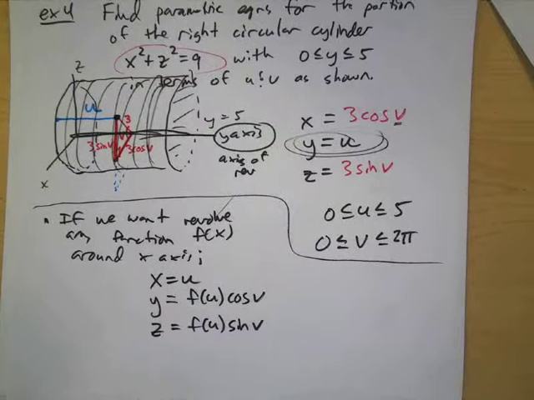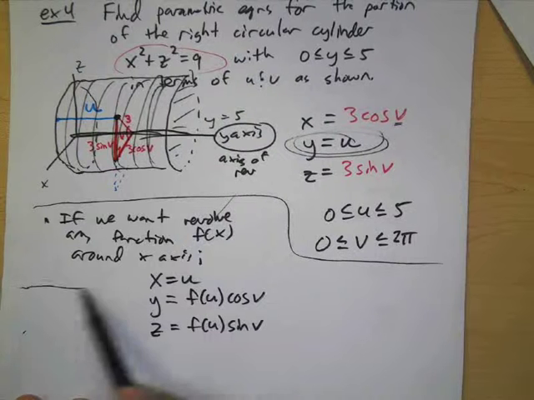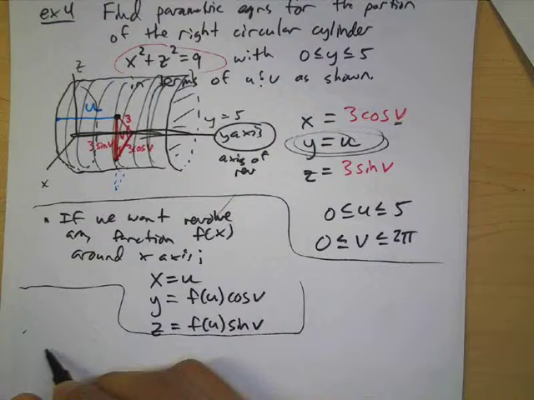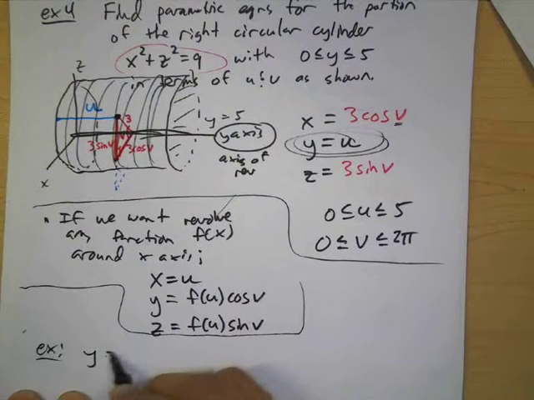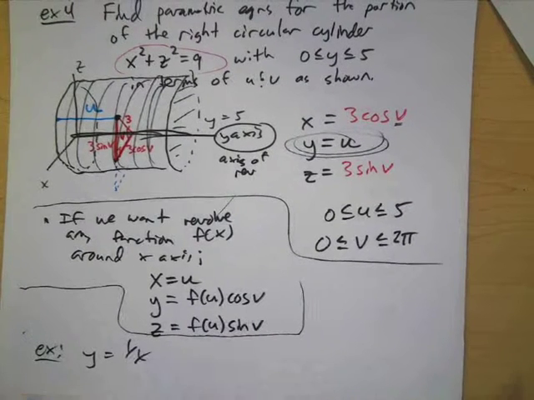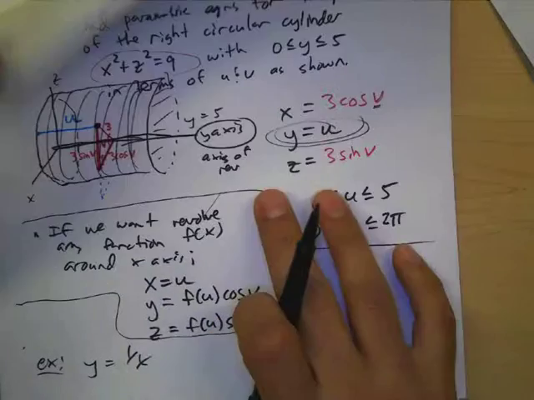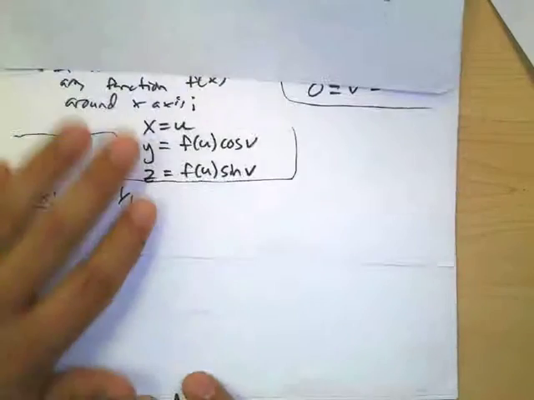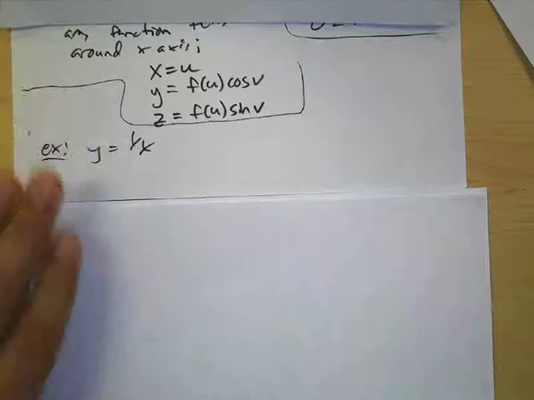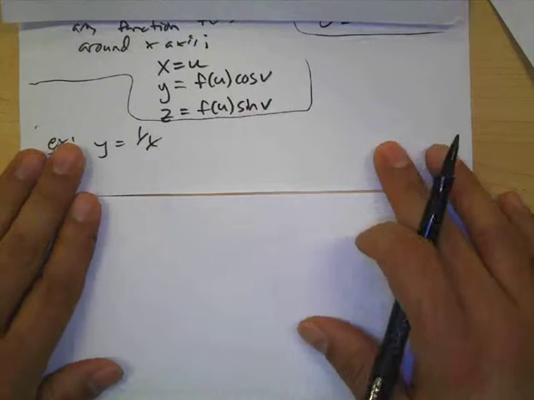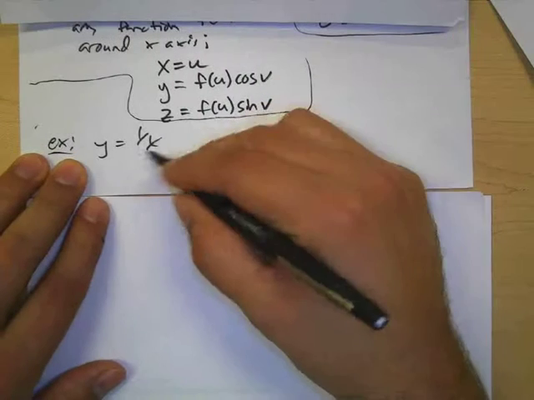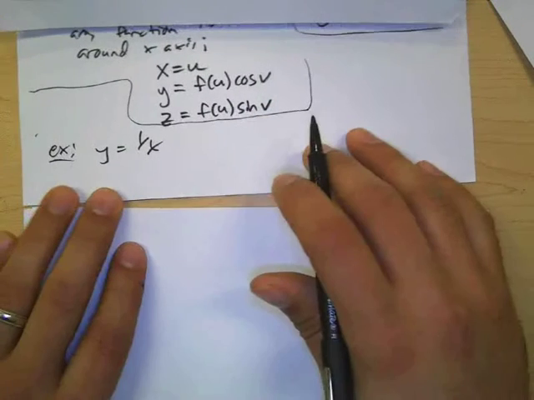Okay, so for example, and I'll actually pull out some pictures here in a sec. If we have y equals 1 over x, so these are not very difficult problems, and I asked you to come up with the surface equations if we revolve this curve around the x-axis.